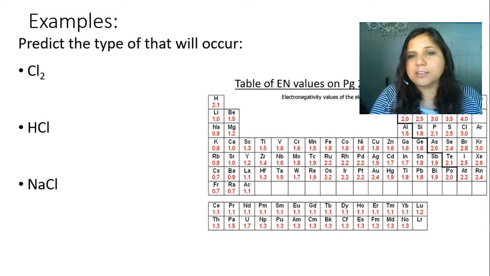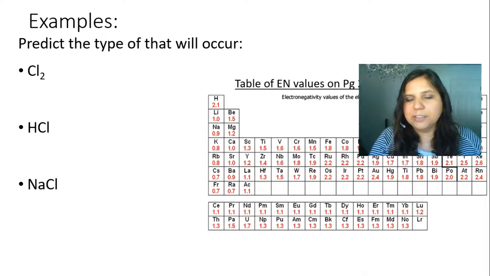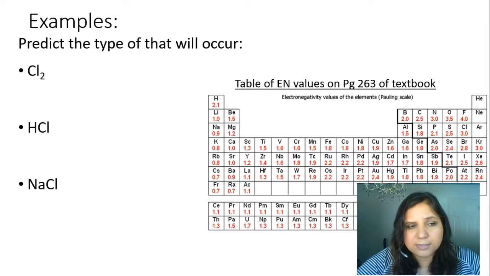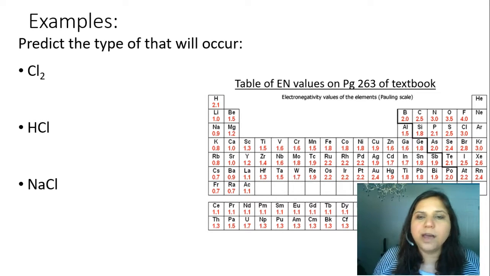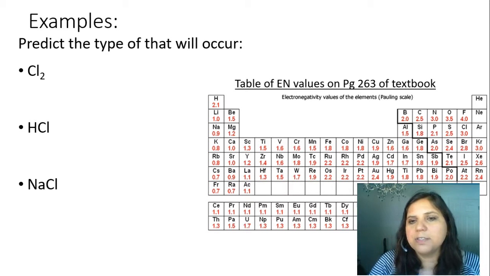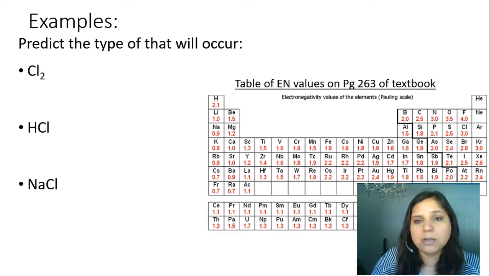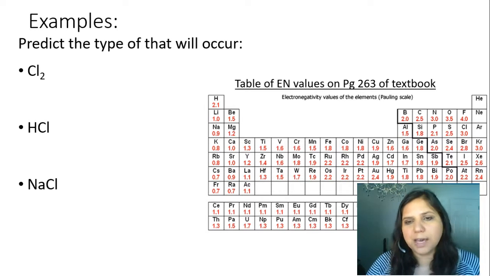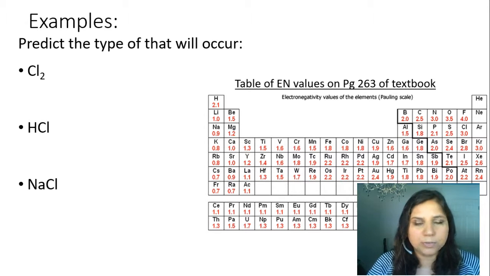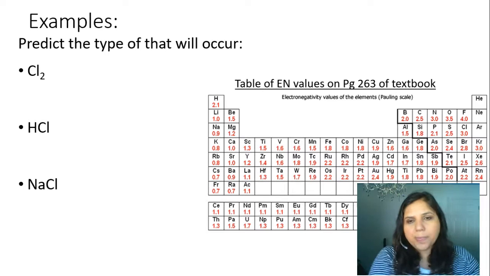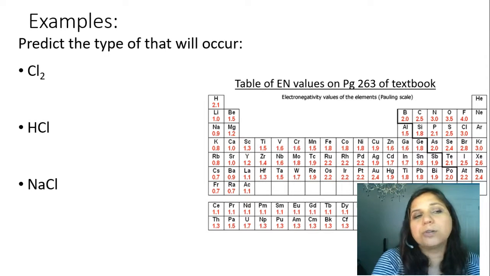Alright, so what we're going to do next is we're going to look at a table of electronegativities and calculate the differences to figure out what type of bond. And so you have your own table of electronegativities on page 263 of your textbook. I'm going to use this one. Whatever worksheet you're using, use that one, or if you're using the book, use the one on page 263. So if we have Cl2, that means that we have 2 chlorine atoms.